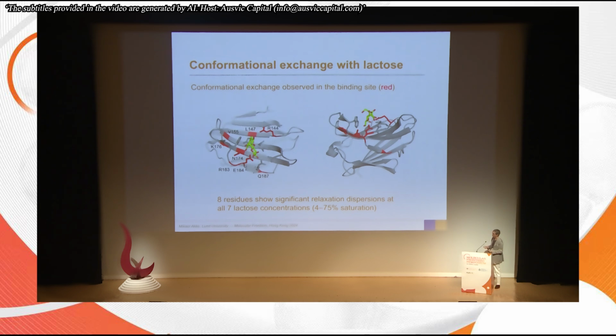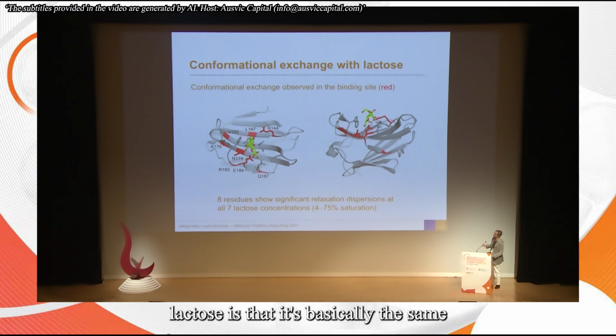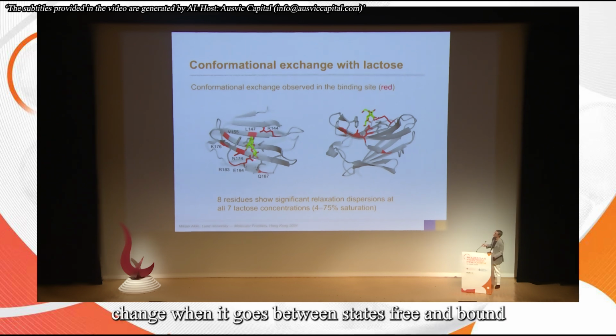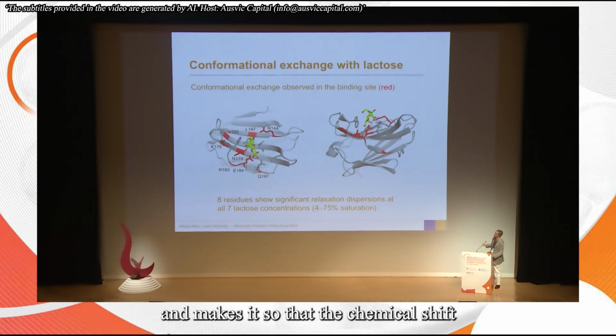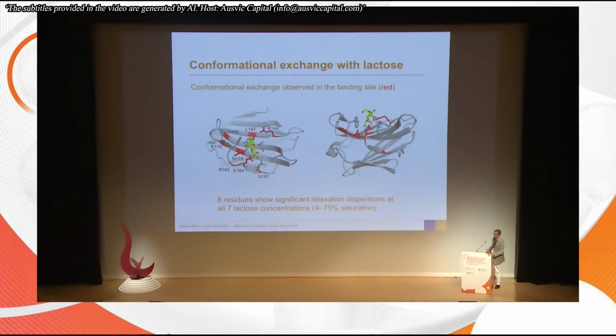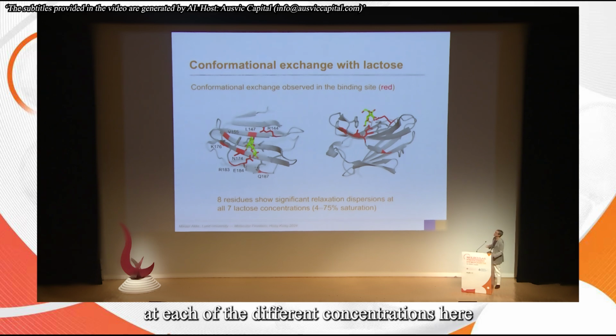First I should tell you that what you see when you add lactose is that it's basically the same residues that we saw without lactose added that light up, that have a chemical shift change when it goes between states, free and bound, and also a few more, because lactose now contacts other regions of the protein and makes it so that the chemical shift, the environment and the structure of that part of the protein changes. And then we get the rates at each of the different concentrations here.